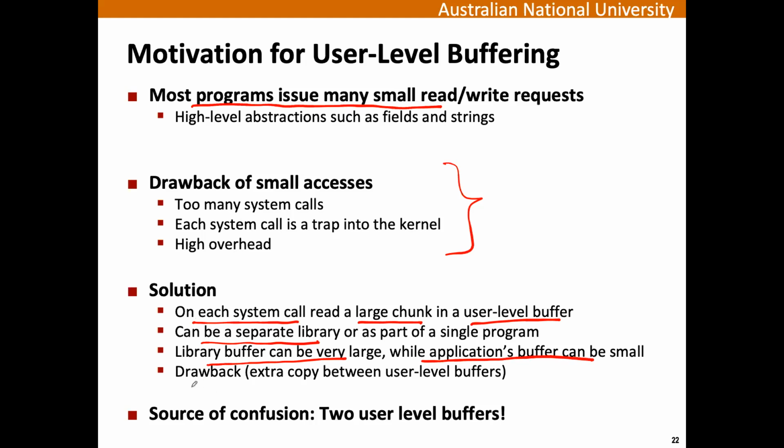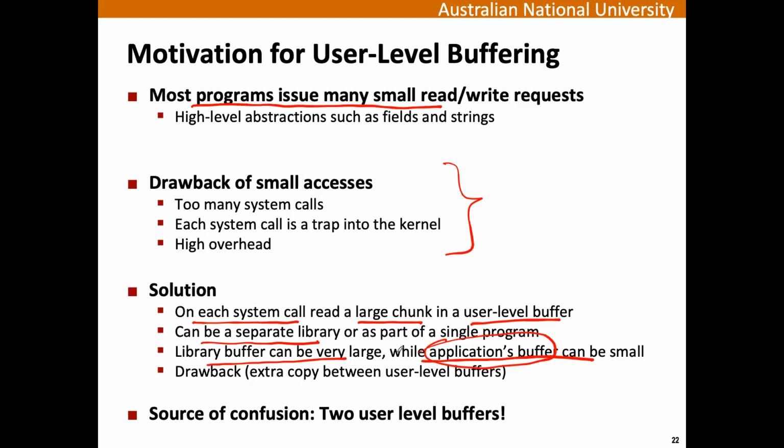So now we have two buffers, one that is maintained by the package or the library. This buffer is extremely large, and the idea is to reduce the number of times you have to go and read from the file. And then there is the usual application buffer that the programmer provides, where the bytes that the programmer wants to read are copied into.